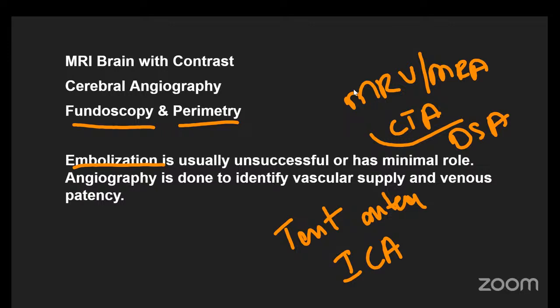But we still get a DSA done because, A, we want to identify the feeders. B, we want to take a really good look at the major veins during the venous phase, because you want to be sure if your straight sinus is patent or not. What about the vein of Galen?